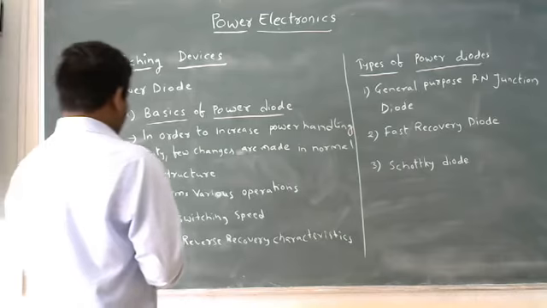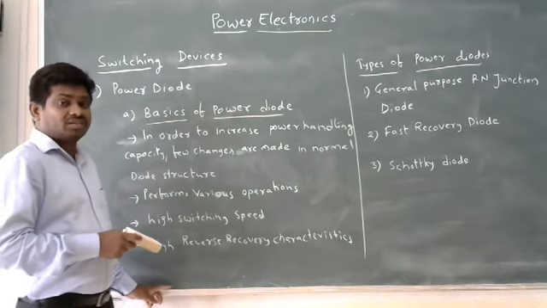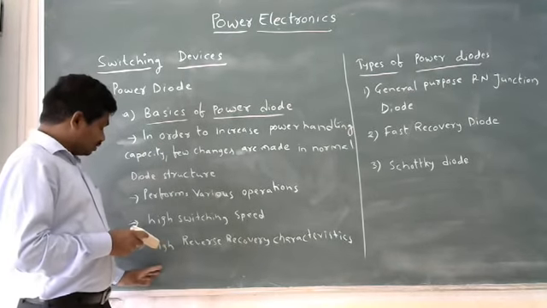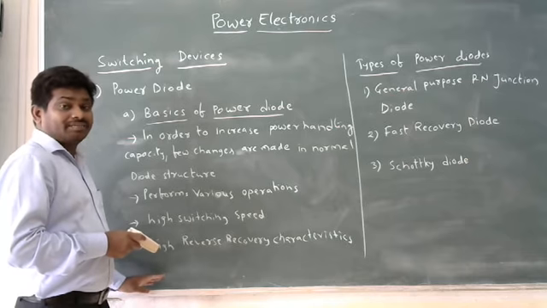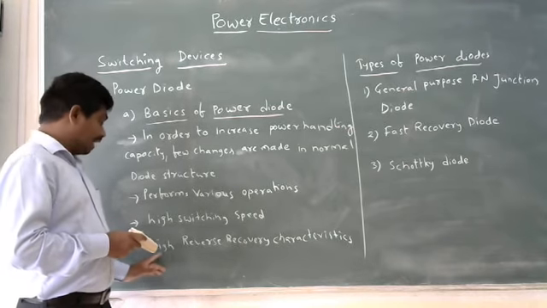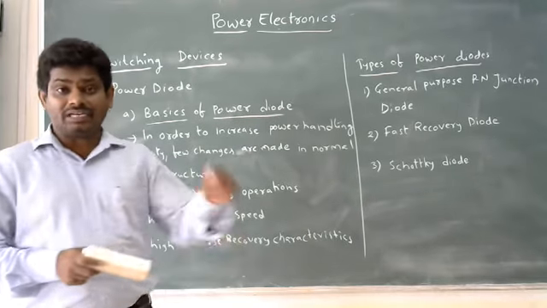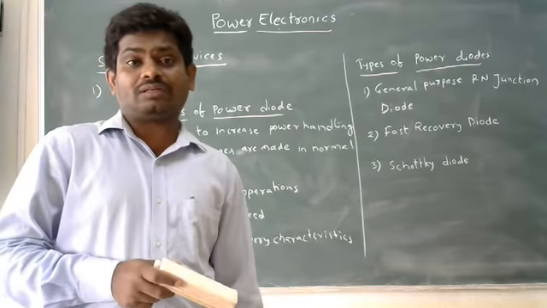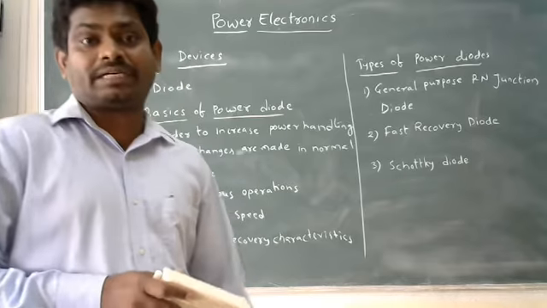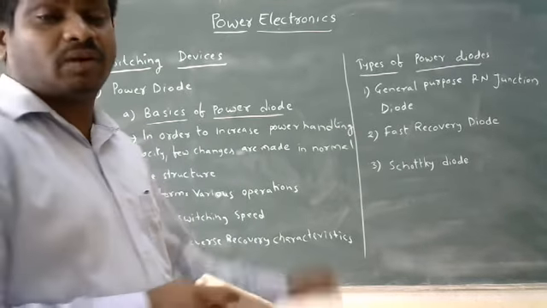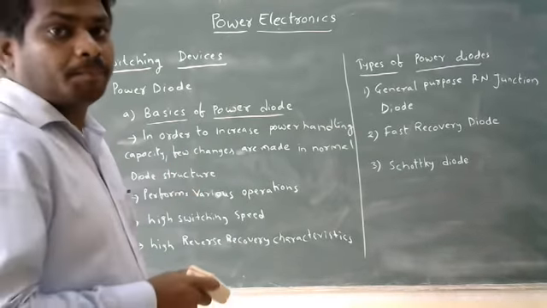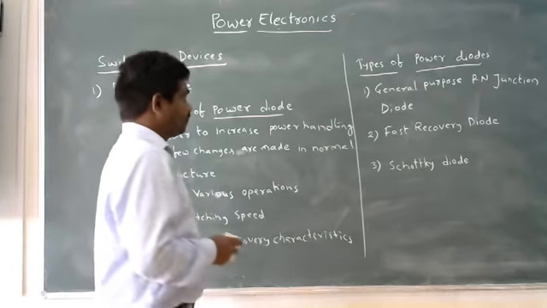But in the case of the power diode, we made the structure such that as soon as we need to stop the operation, the device must come back to off state from its on state. That is one of the properties of this power diode.